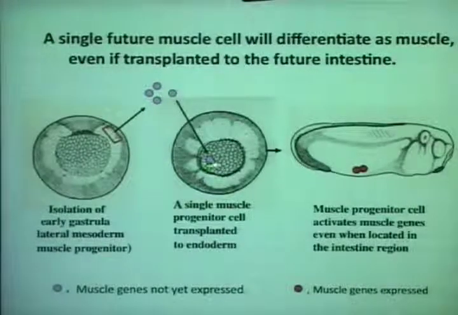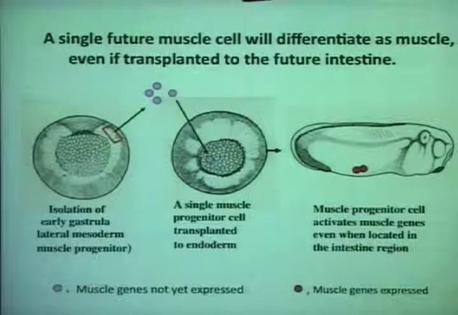The cell may divide or not, but in the course of time, that cell, if it's divided, there are two of them, end up in the endoderm, in the intestine region of the embryo. And in cases like this, the cell is still a progenitor. It has not yet become a muscle cell, and it does so during its residence in the endoderm. But when it arrives in the endoderm, it then actually turns on its muscle genes and becomes a muscle cell.